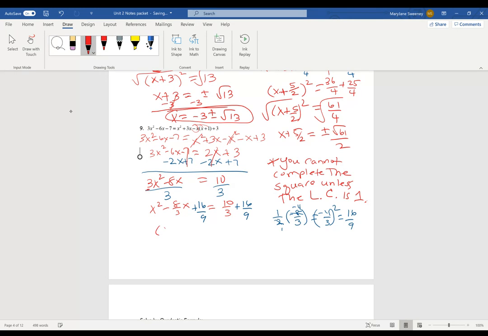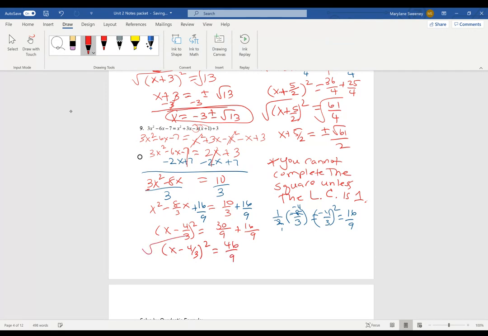So half the b goes in parentheses. On the right, I'm getting a common denominator.